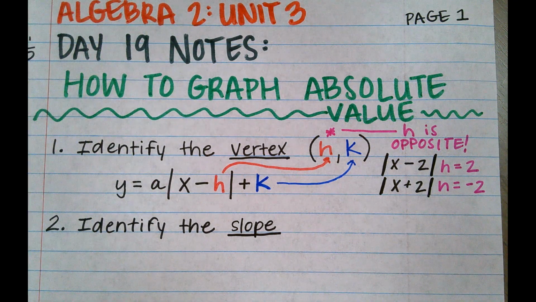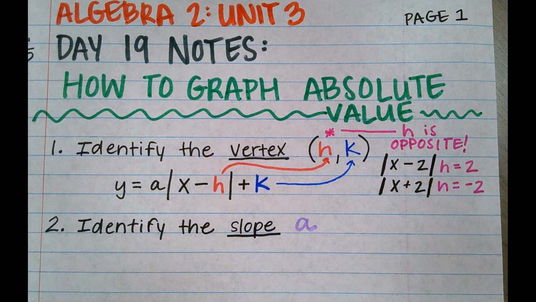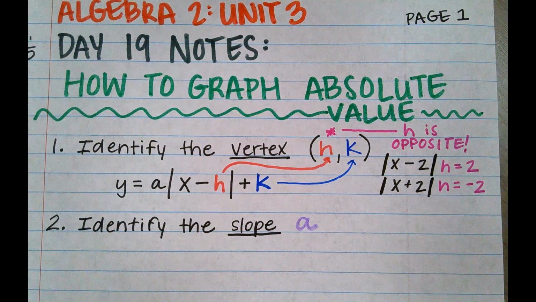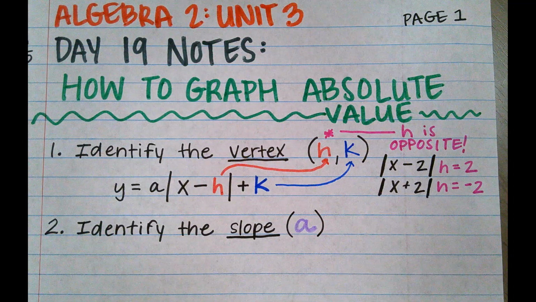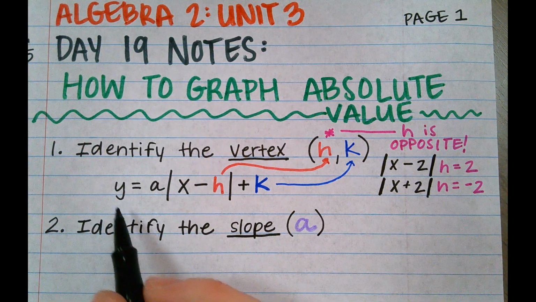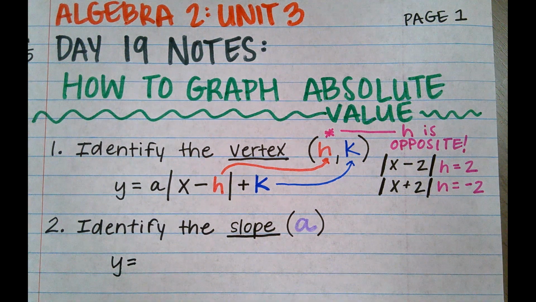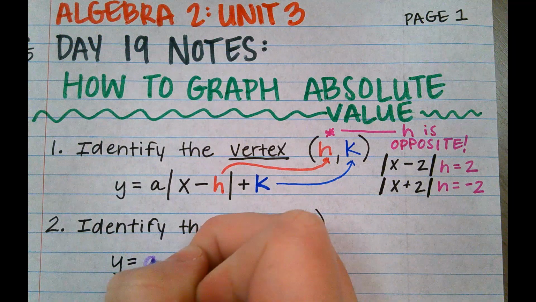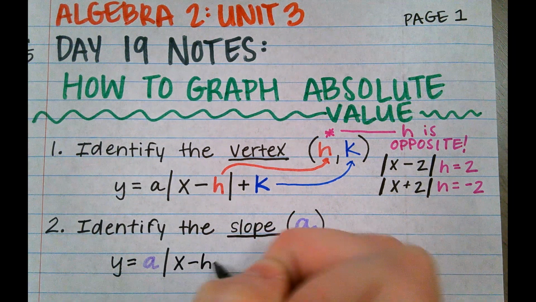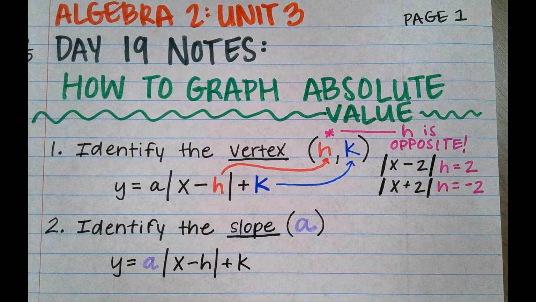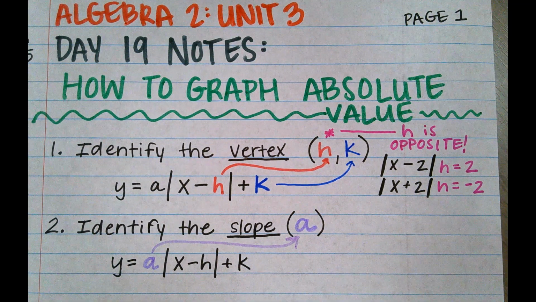Slope is A. In that formula, y equals, I'll just make my A purple, A absolute value x minus H. Whatever A is, that is your slope.